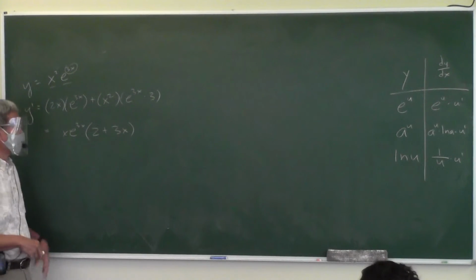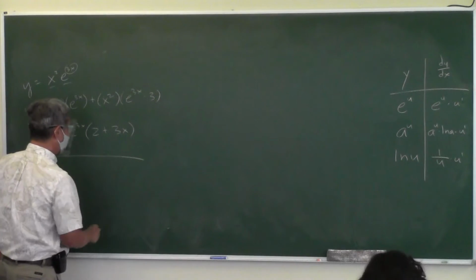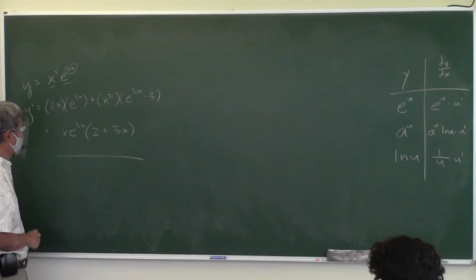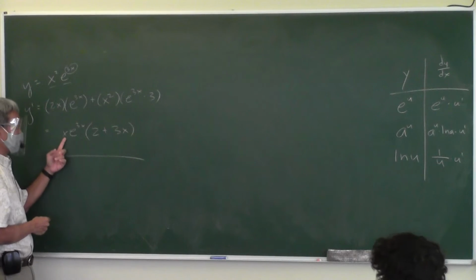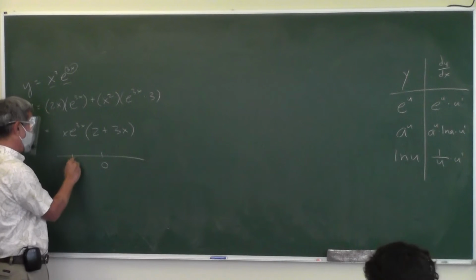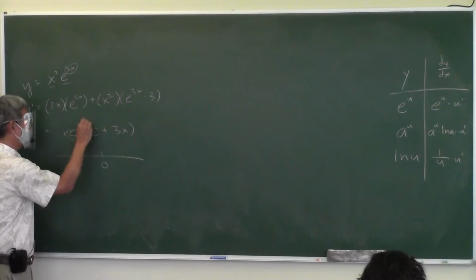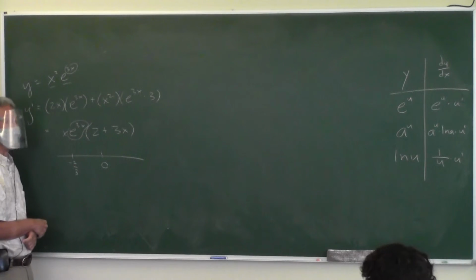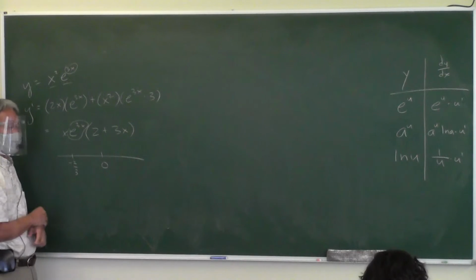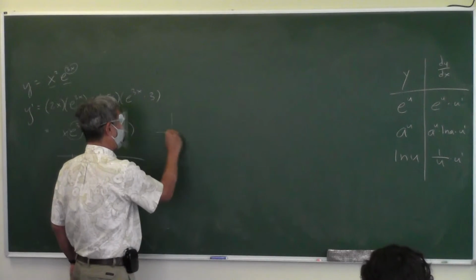You have it factored. And then next chapter, in fact even in this chapter, I'm going to make you make a number line. How would you make a number line for this? What makes x 0? 0. What makes 2 plus 3x 0? Negative 2/3. What makes e to the 3x 0? Nothing. That's right. e to the anything is always positive. Just look at the graph of e to the x.